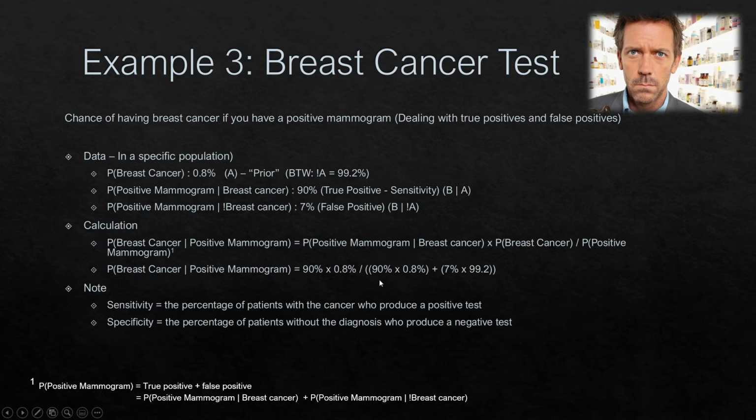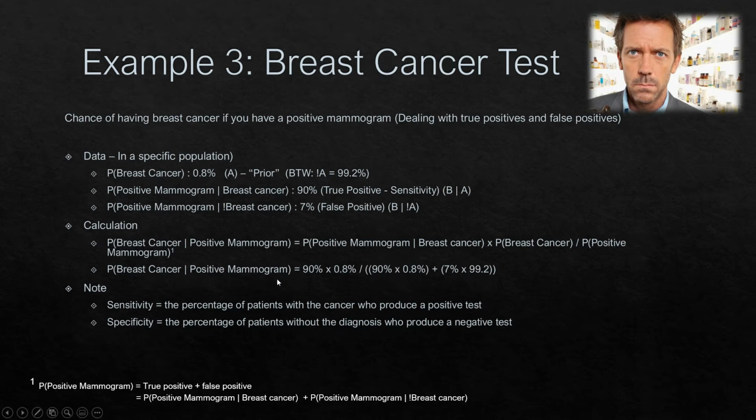So we need to expand all this, and you see down here our divisor is now the probability, in the population, of getting a positive case if you've got breast cancer, and then the probability of getting a false positive in the population, or the remaining part of the population. So that's the formula that's going to be used in the calculator.